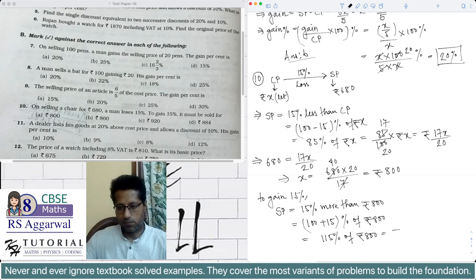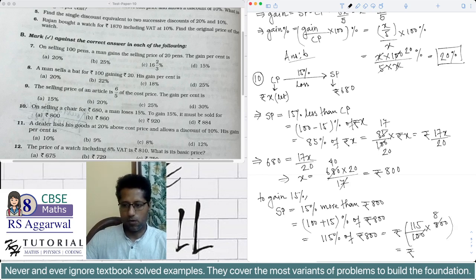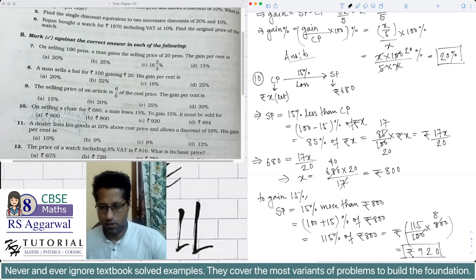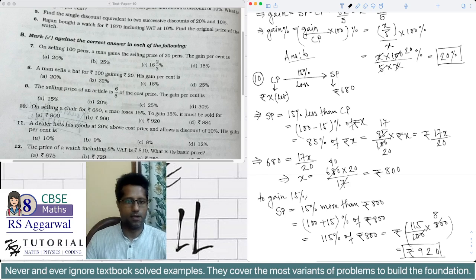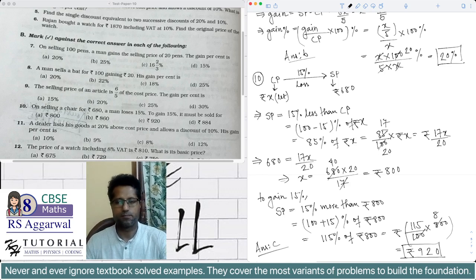This is equal to rupees 115 divided by 100 multiplied by 800. So this is equal to rupees 920. So the selling price has to be rupees 920 to make a gain of 15%, and hence the correct choice is C. C is the correct choice.